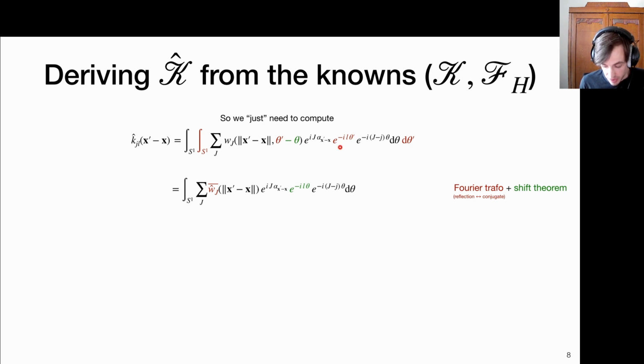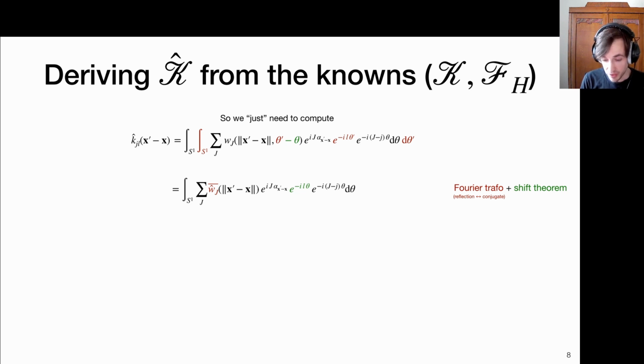So what we're looking at here is actually a Fourier transform coupled with the shift theorem, because we know that if we want to evaluate the shift, we could also first do a Fourier transform and then do the shift in the Fourier domain via the representation of the group. This is something that maybe helps if you try this out at home, but you can also just believe me on this.